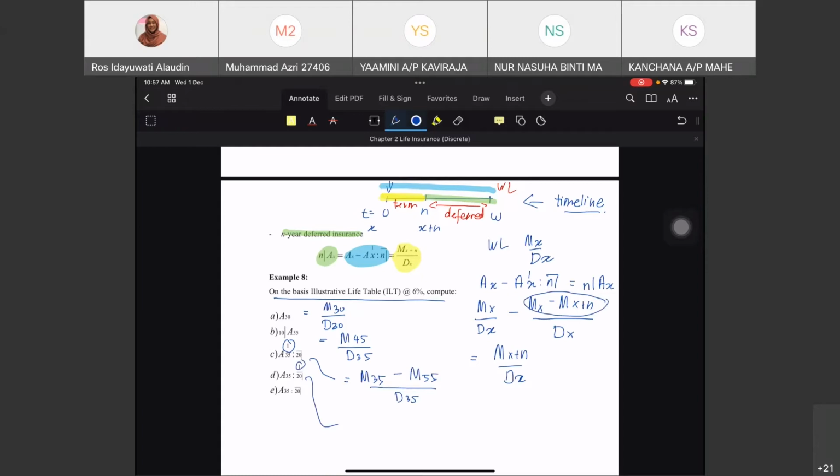Pure endowment is just about the survival benefit, so Dx plus n over Dx, so D55 over D35. Don't get confused, don't take Dn, but it is Dx. Then you can refer to the table. M30, what is M30? What is D30? What is M35?